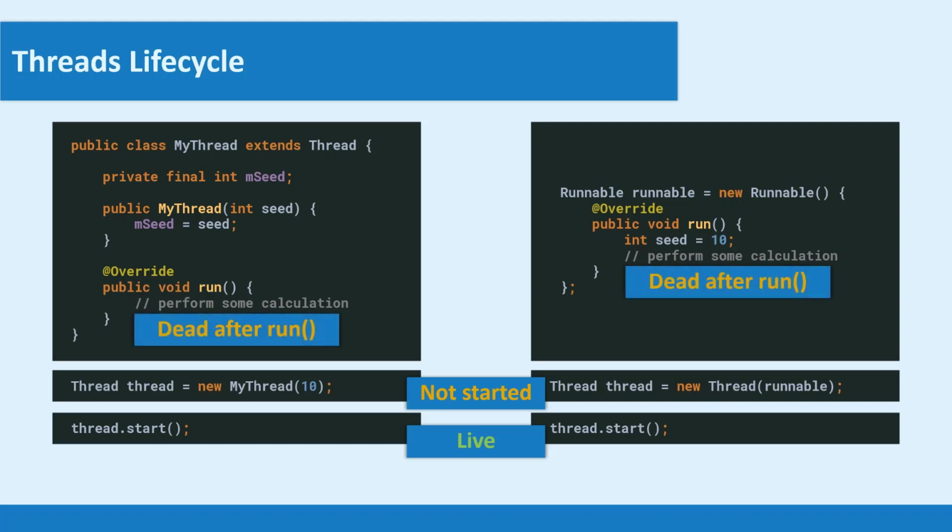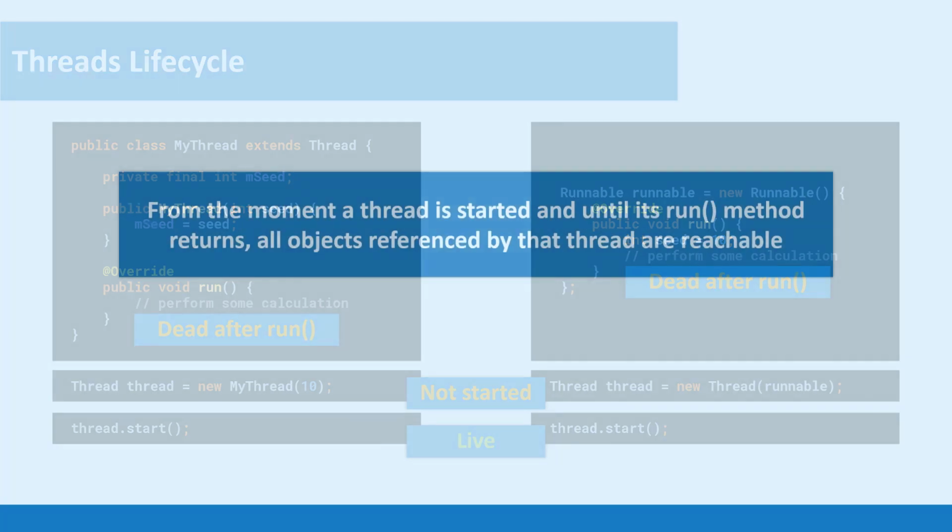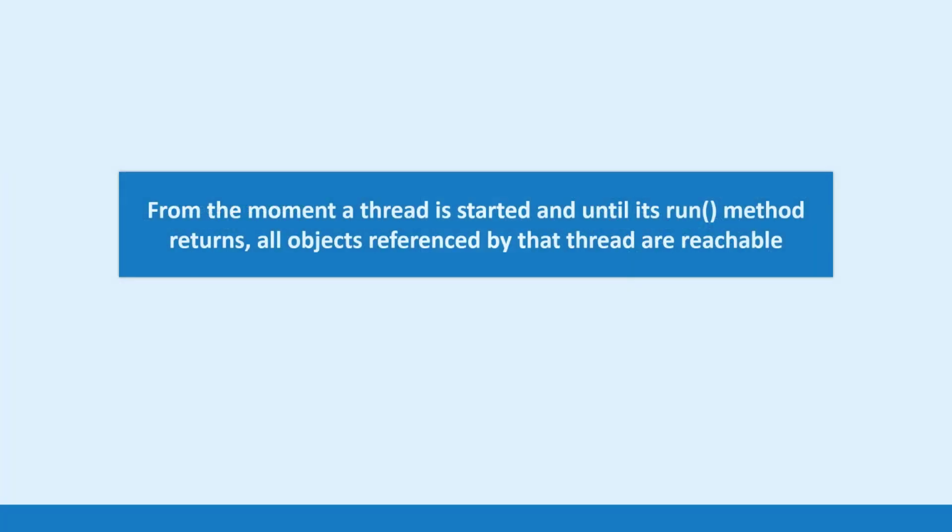It can't be restarted again. It's no longer considered garbage collector root, and the objects that the thread references can be garbage collected if they don't have any other references pointing to them. So in general, from the moment the thread is started and until its run method returns, that thread is considered root, and all objects referenced by that thread are reachable.